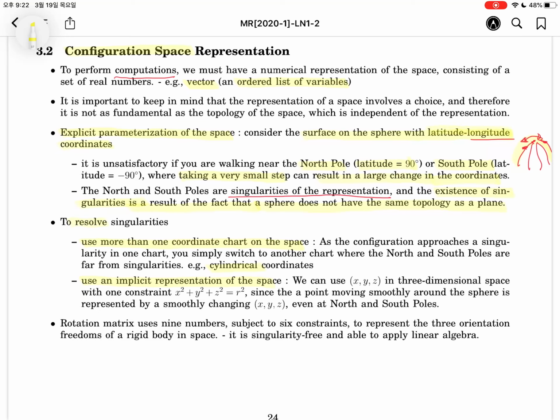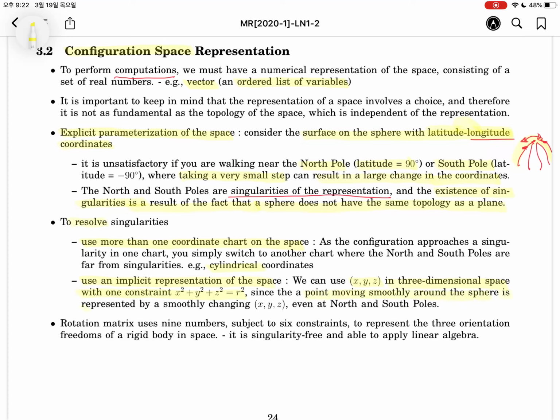On the other hand, latitude and longitude have two variables, but we will add one more. So x, y, z variables are used to express the longitude and latitude in three-dimensional space with one constraint, the constant r, constant radius.